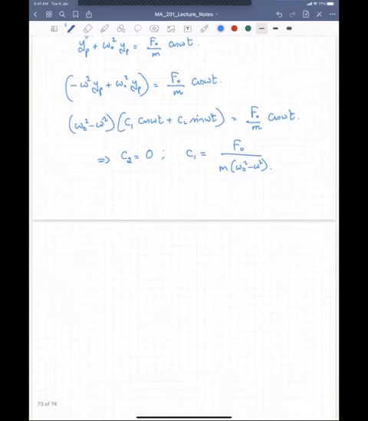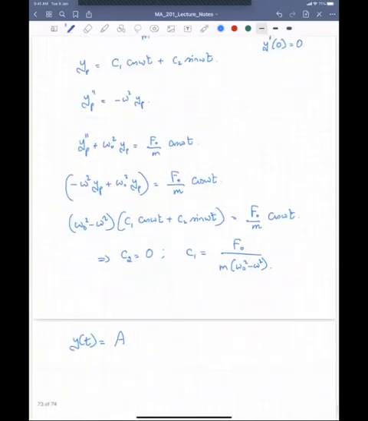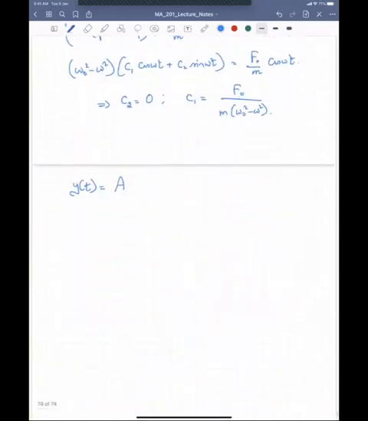So now I can write the general solution as the solution to the homogeneous equation plus this particular solution. The solution to the homogeneous equation is obviously a cosine and a sine. So a cosine omega 0 t plus b sine omega 0 t. Remember, don't confuse your omega zeros and omegas. The homogeneous equation only has omega 0 because there is no driving force.